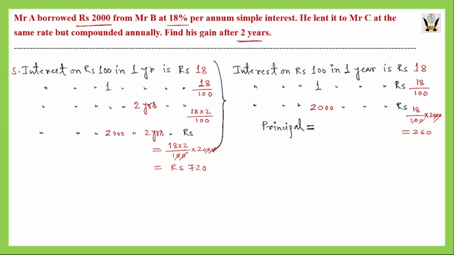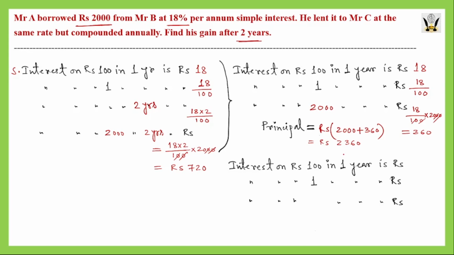So the revised principal amount will be, initially that principal amount was 2000, and then on that we have accumulated 360 as interest. So the revised principal will be 2360 rupees, and this is our principal amount now for the next year. Again the concept is same and the rate of interest is also same, and that is 18%. So when the principal amount is rupees 100, in 1 year the interest amount is rupees 18. Now when the principal amount is 1 in 1 year, then the interest will be 18 divided by 100.